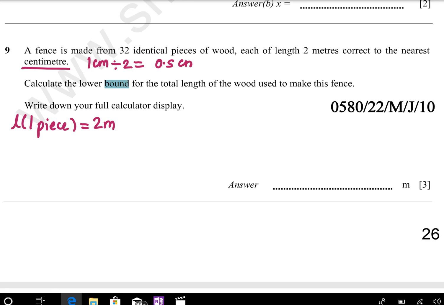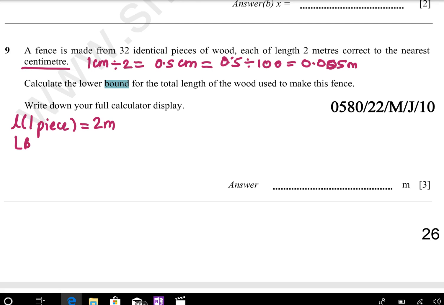0.5 centimeters, but the length of the wood is in terms of meters, so you convert this into meters by dividing it by 100, and then you get 0.005 meters. Now to find the lower bound, you're going to subtract 0.005 from 2 meters.